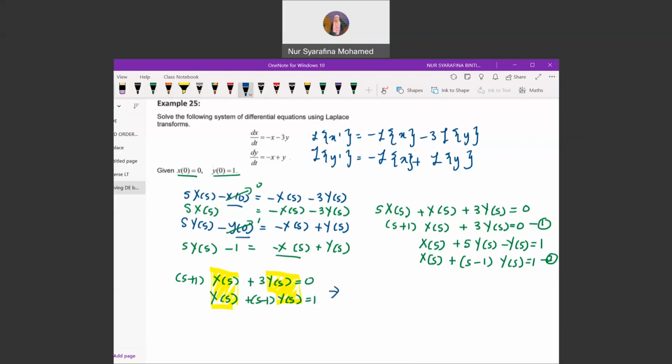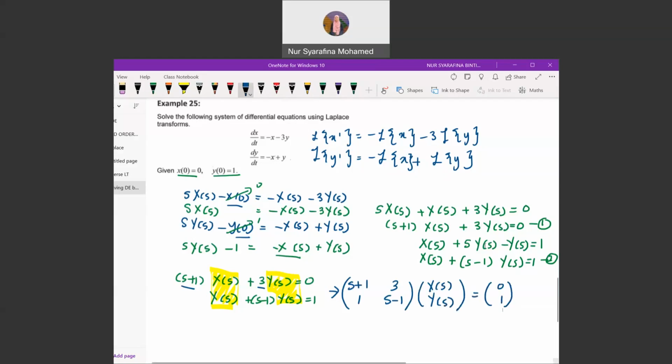So we have here s plus 1, this one is 3, this one is 1, this one is s minus 1, and then Xs, Ys equals 0 and 1.